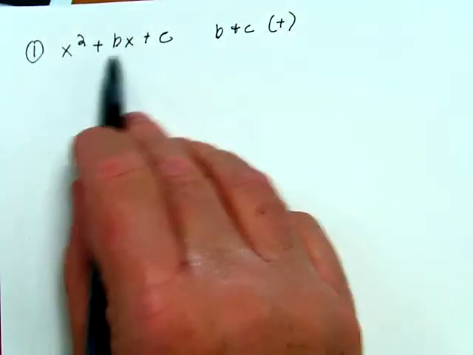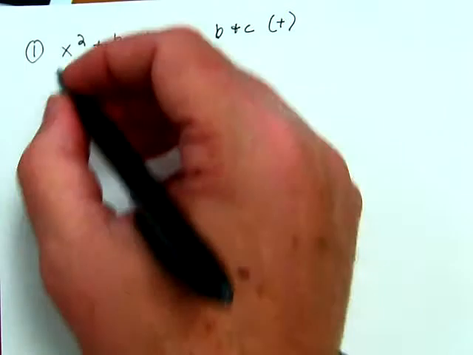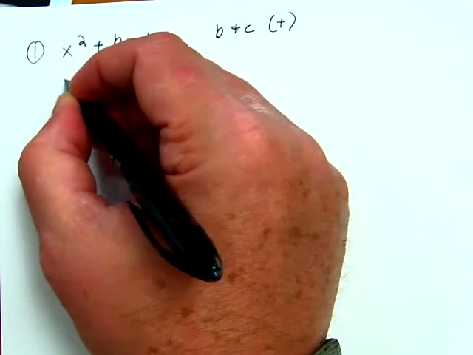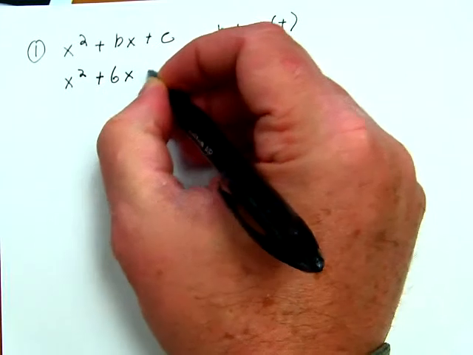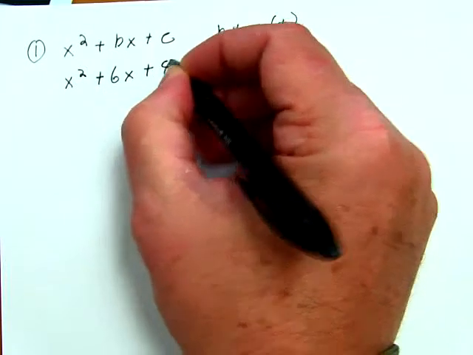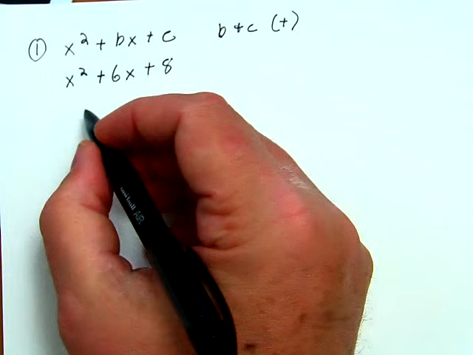When b is positive and c is positive, how do we factor them? Let's just use an example. Example number 1 is this: x squared plus 6x plus 8. I'm going to show you how to do it.